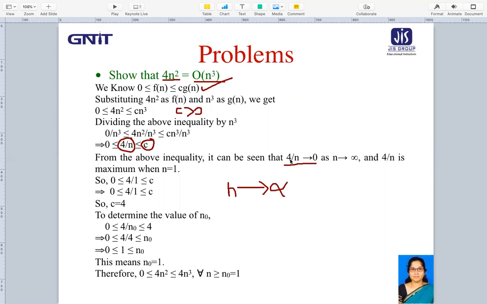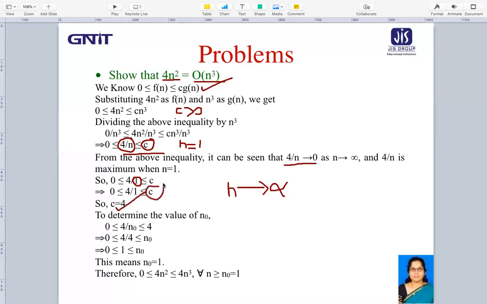So the maximum value of 4 by n is achieved when the value of n is equal to 1. In that case, we can reach the maximum value for 4 by n, and if we replace that value of n in this inequality, we see the value of c is 4.